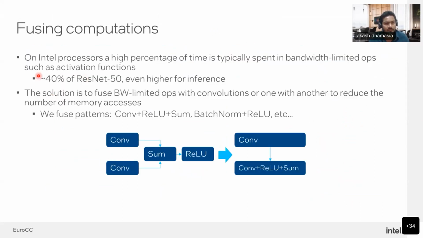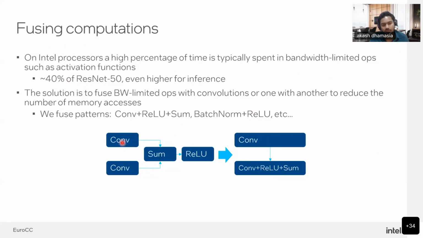In fusion computations, most of the time, about 40% if you are using the ResNet 50 architecture, 40% of your time is spent in bandwidth limited operations. In these bandwidth limited operations such as ReLU, your application is wasting too much time. But with fusion, you can combine these operations.